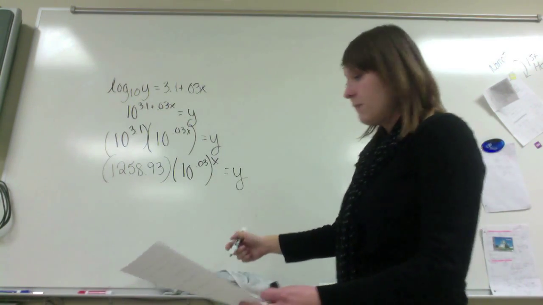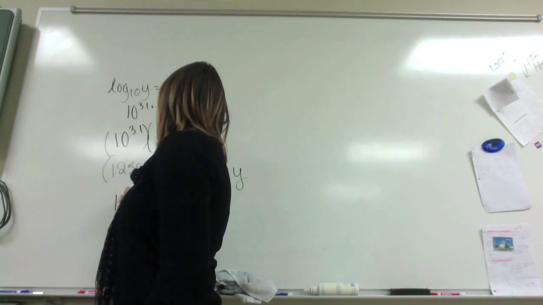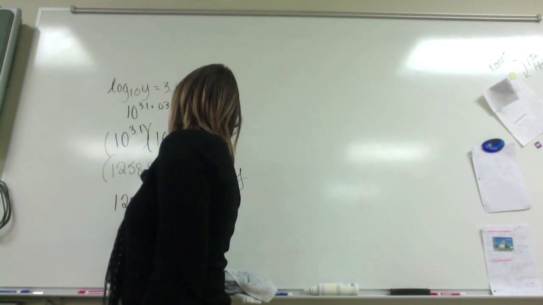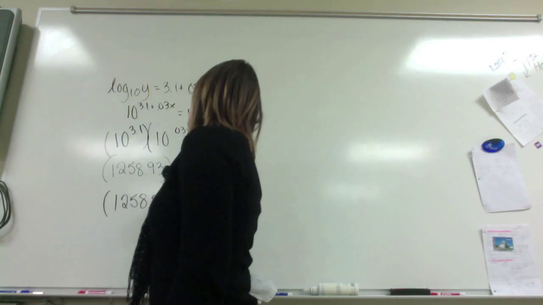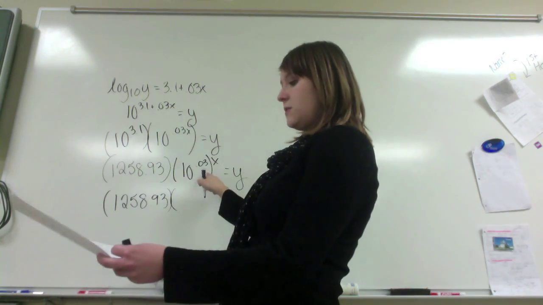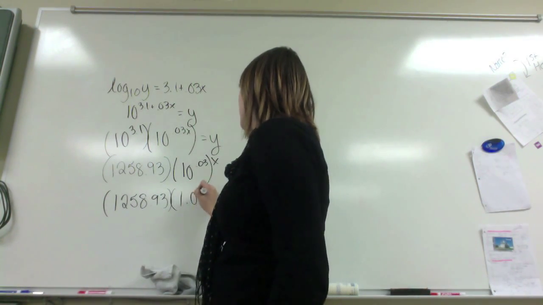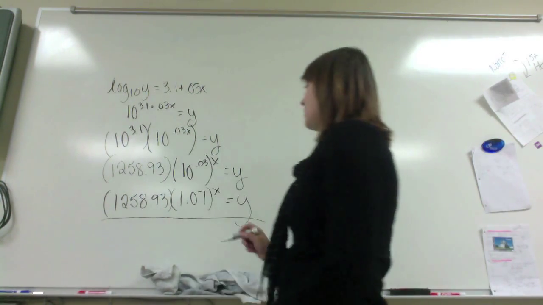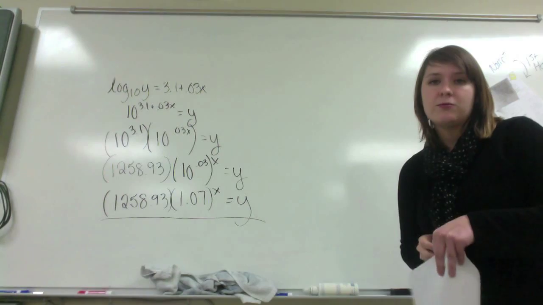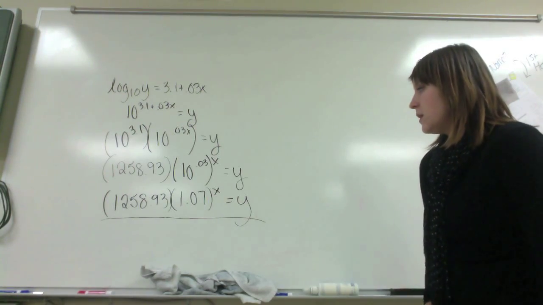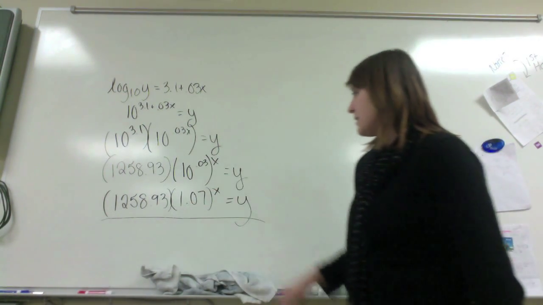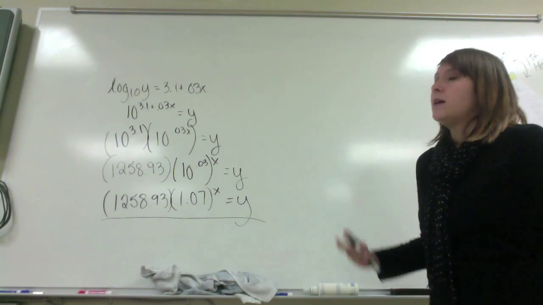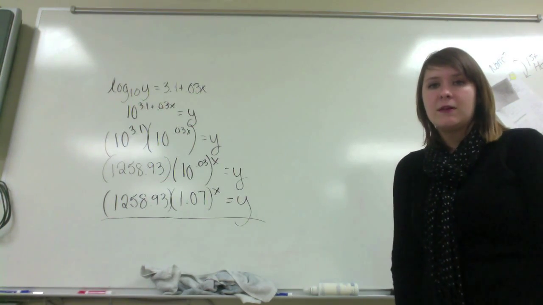My final answer is going to be 1258.93 times 1.07 to the x equals y. So now I've been able to rewrite it in exponential form. I've got my a times b to the x here, and I'm done. Okay, that's everything for the notes.